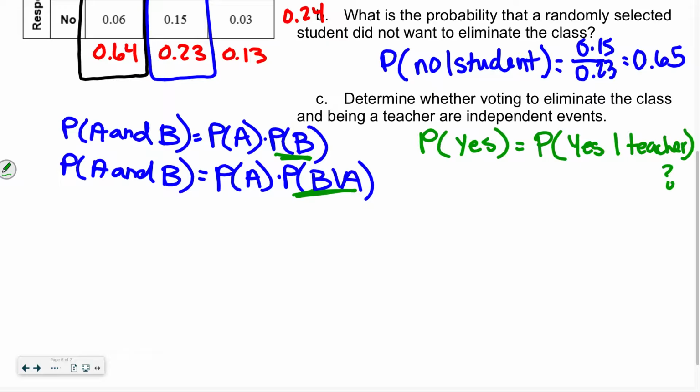If those two probabilities are the same, then it doesn't matter if you're a teacher, because B given A is the same as B, which means A has no effect on B. So you could then calculate to see if those two are the same, and I think we would argue in this case it is a no. So they're not independent events. They are dependent. The teachers, for whatever reason, have a reason to vote. It's dependent on something.